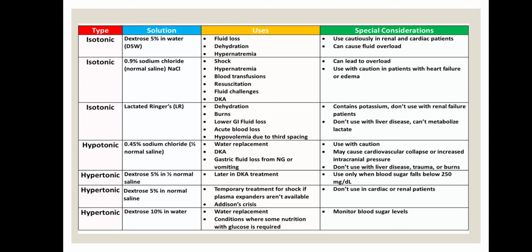So, mababa ang kanyang solute pero mataas ang kanyang solvent or the water. So, ito yung mga pwedeng solutions. We have D5 water. It is an isotonic. We have also 0.9 sodium chloride or yung tinatawag nating PNSS, okay, or the plain normal saline solution. We have also lactated ringer, okay.